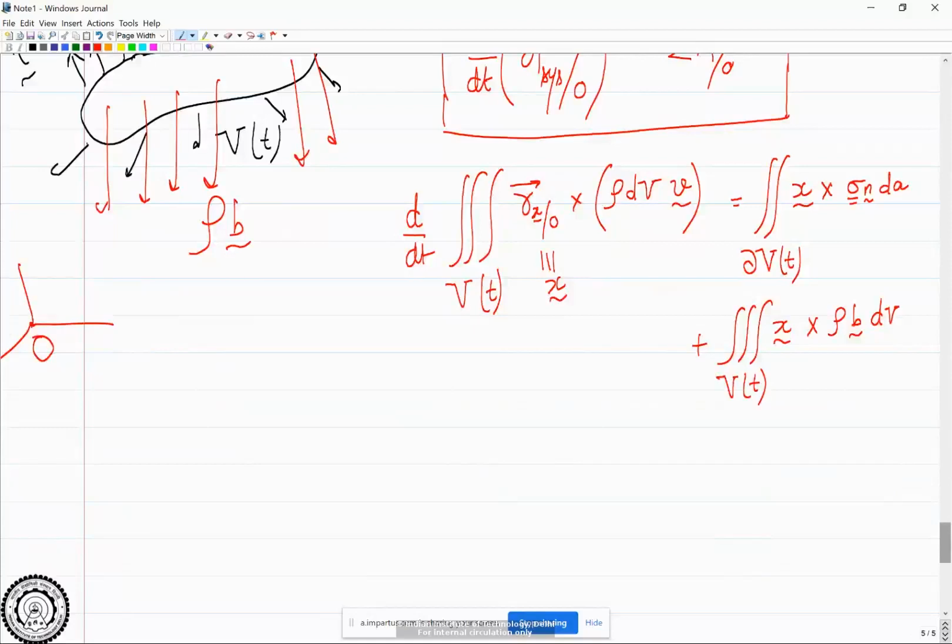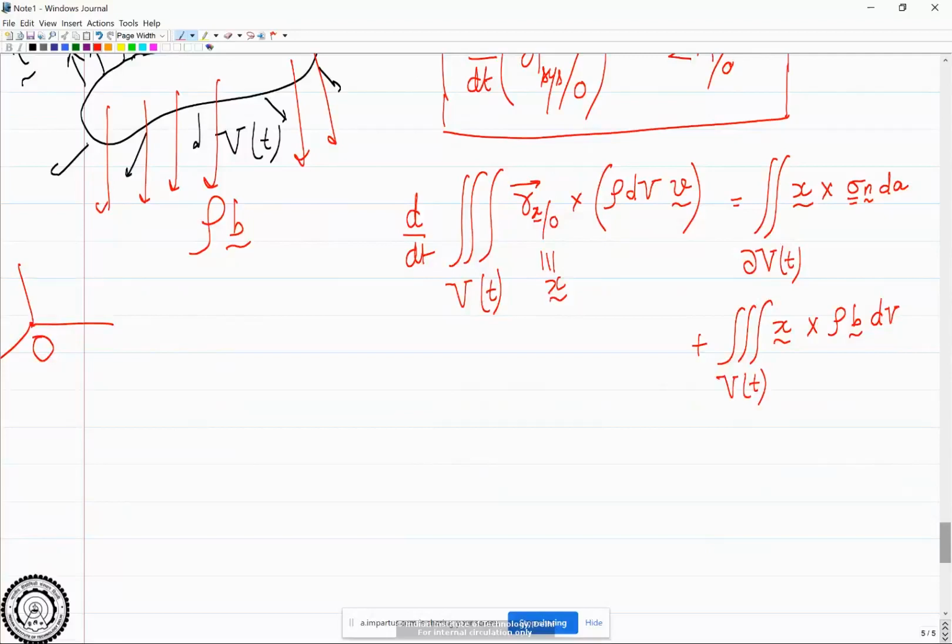I understand what you're saying. We are defining body force as force per unit volume, and in the current configuration it is force per unit deformed volume, whereas in the reference configuration it is force per unit undeformed volume. Therefore, in the deformed you have rho b, and in the undeformed you get rho naught into B.